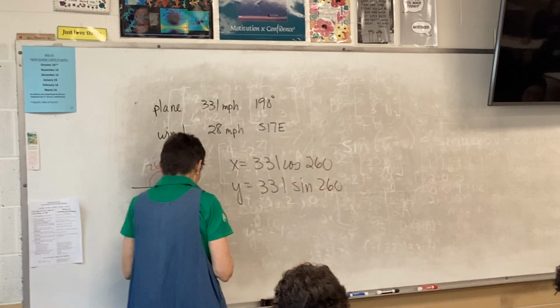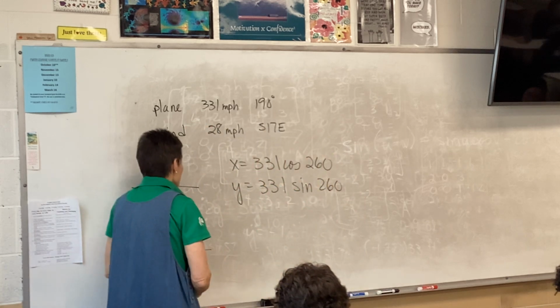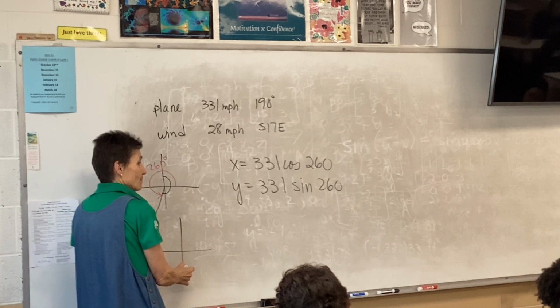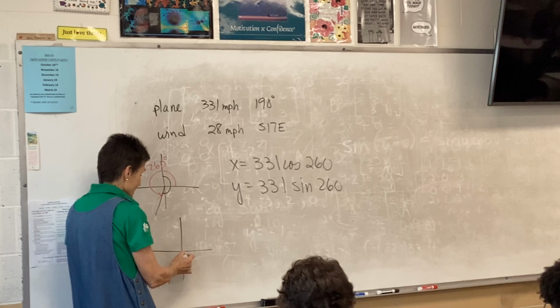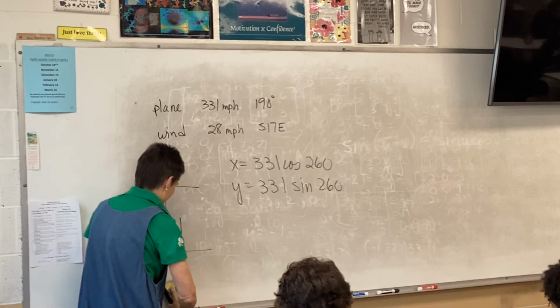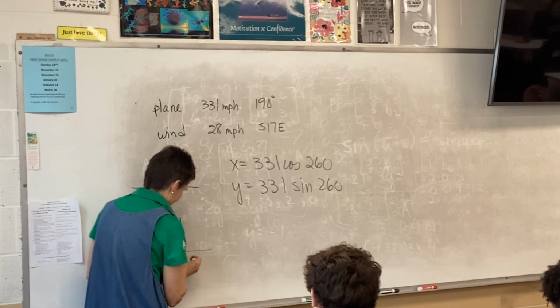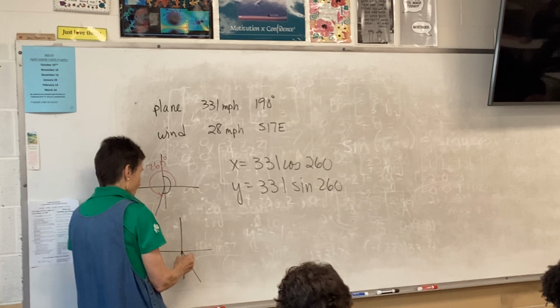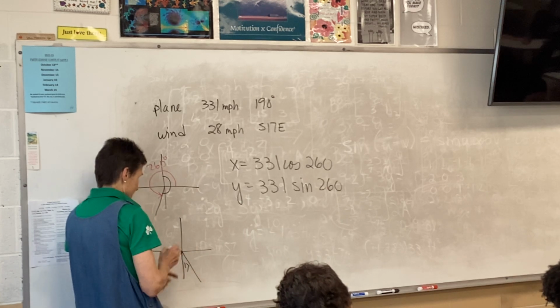Yes. Now I'm going to do the same thing for the wind. The wind is south 17 degrees east. So point south and then go 17 degrees to the east.